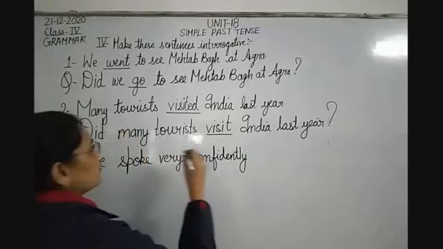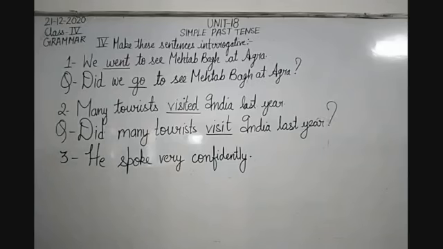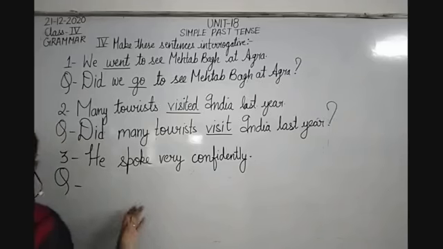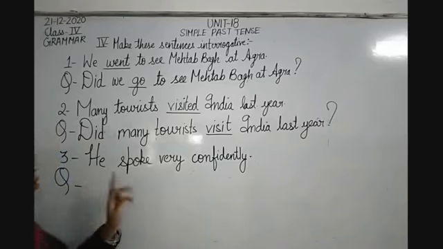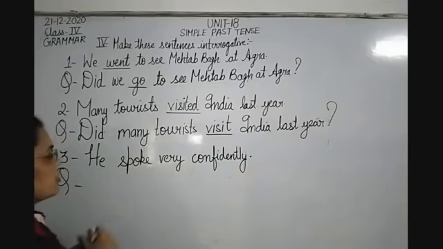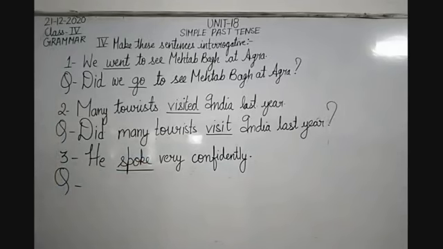He spoke very confidently. Fine. अब इसका हमें क्या करना है, इसका हमें question frame करना है. तो first step क्या है, to frame the interrogative sentence we must identify and underline the verb in the sentence. Now he spoke very confidently. इसमें verb कौन सा है बेटा, spoke. हमने उसको underline कर दिया.